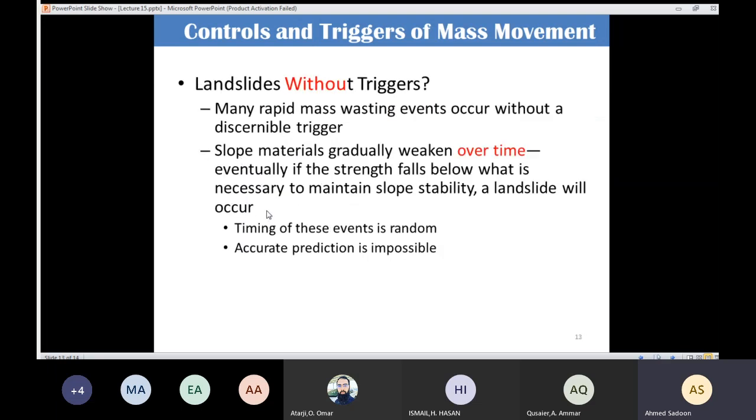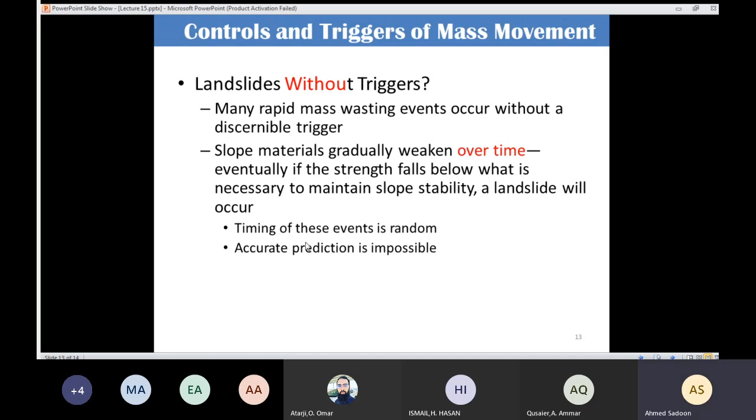Because with time, the strength of the soil itself is going to be weakened. And if that's the case, the stability is going to be lost and a landslide or mass movement is going to happen. And this one is very tricky because you will not be able to know at which time we are going to lose that strength.